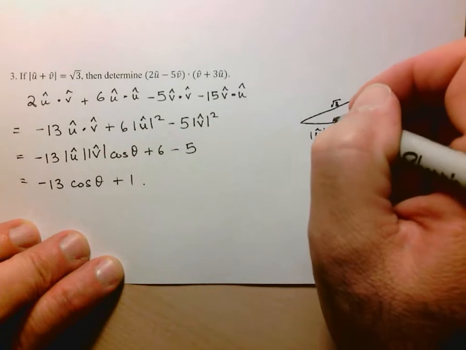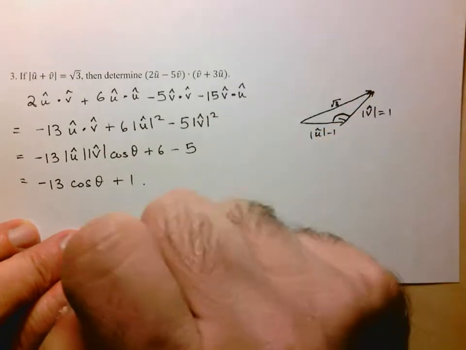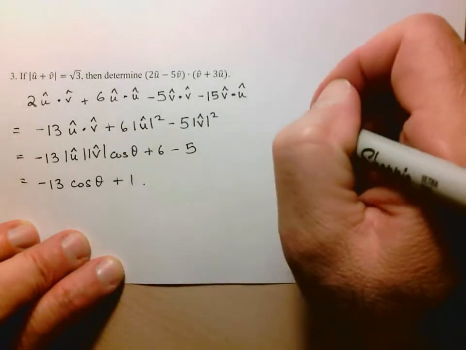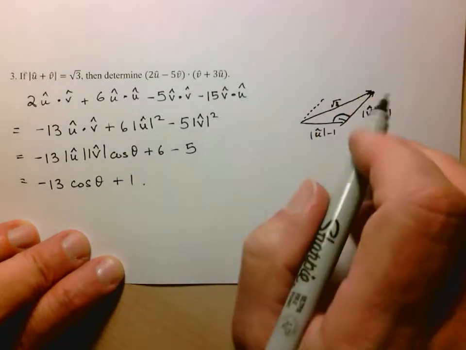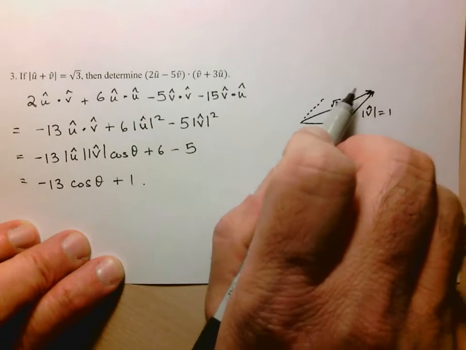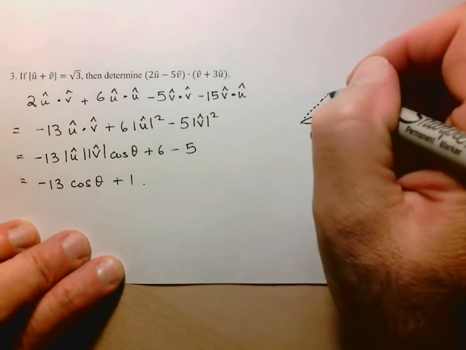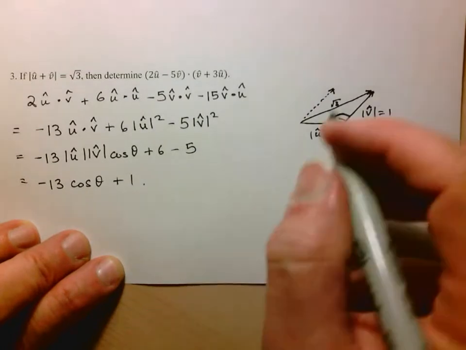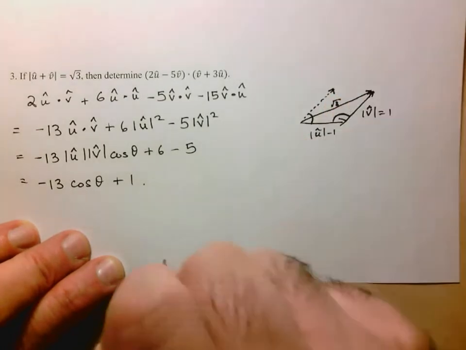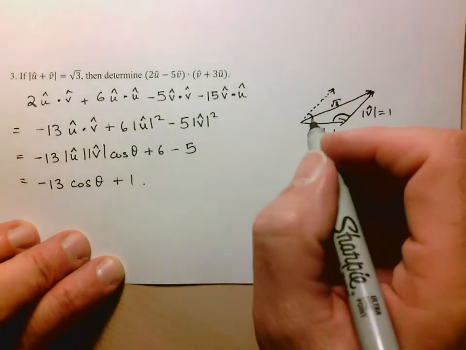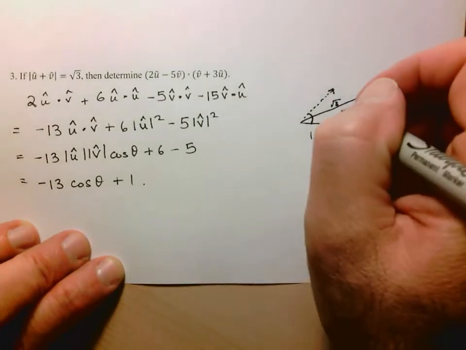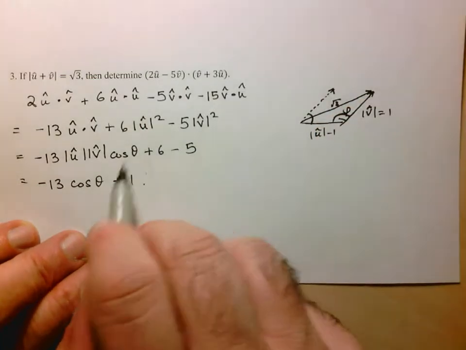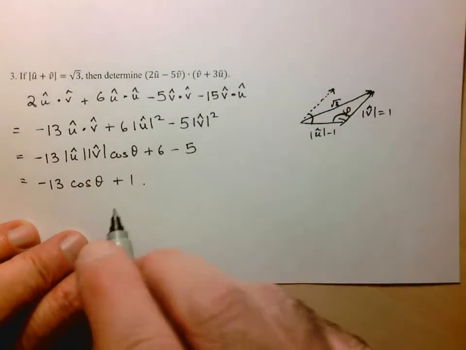So I can look for this angle here, which is not in and of itself the angle between the two vectors, but of course it'll help me find the angle between the two vectors, because if I take this vector v and I just move it over so that the two vectors are tail to tail, this is the angle I'm actually looking for, which is just supplementary to the one that's in the triangle. So I'll call this one phi, since I already used theta for the angle between the two vectors.